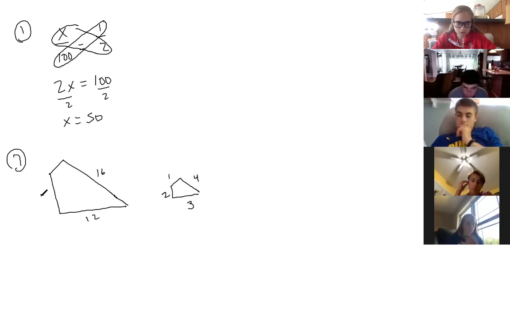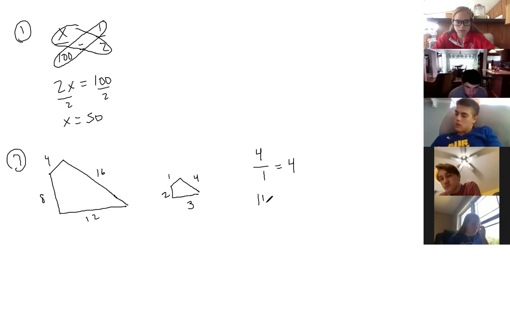So find the ratio of the lengths in the right figure. So side 4 corresponds to side 1, which is equal to 4. Side 16 corresponds to side 4, which is 4. Side 8, side 2, which is 4, and 12, and 3.